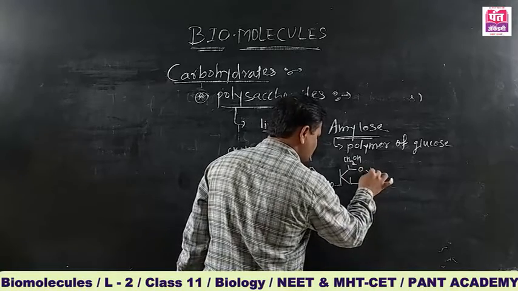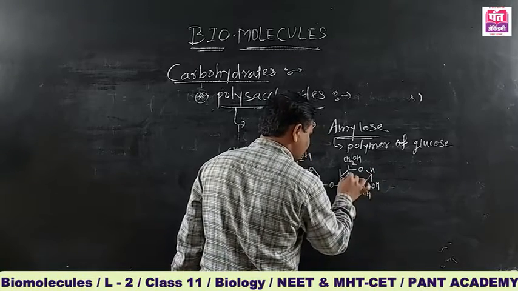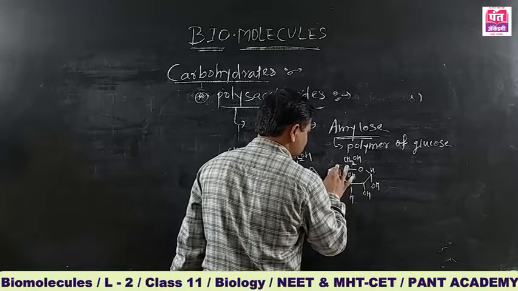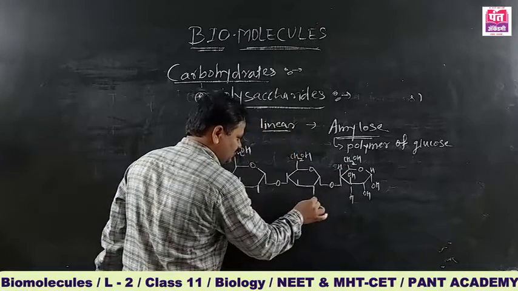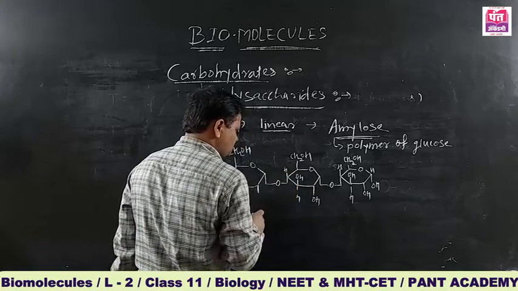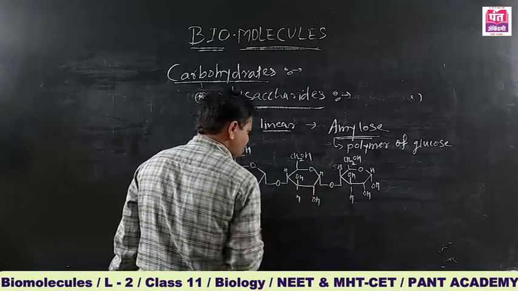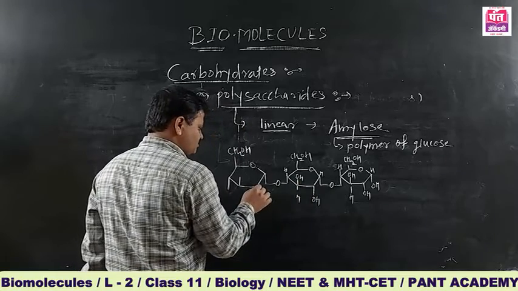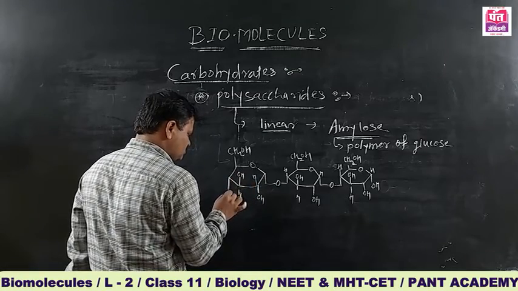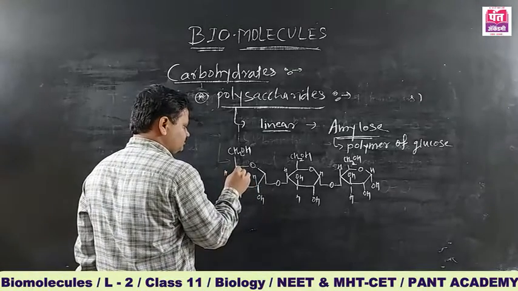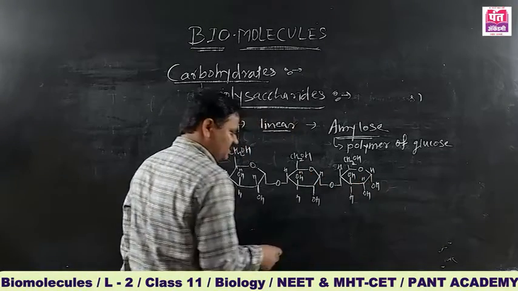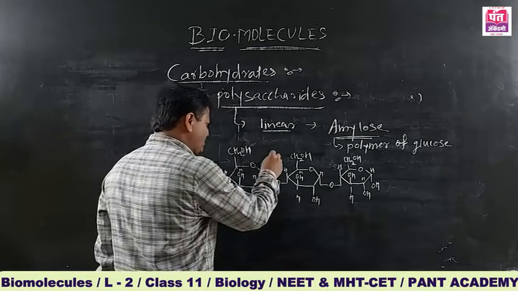So OH, H, OH, OH, H, H. Like this. OH, OH group, H, H. Here you can see H, OH, H, OH, H, OH, H, H. Hydrogen will be there. Like this. So what happens?